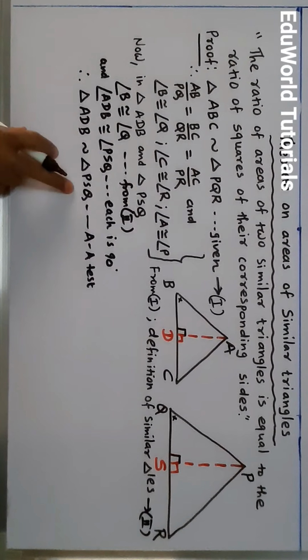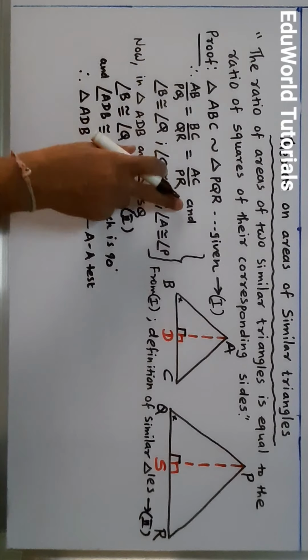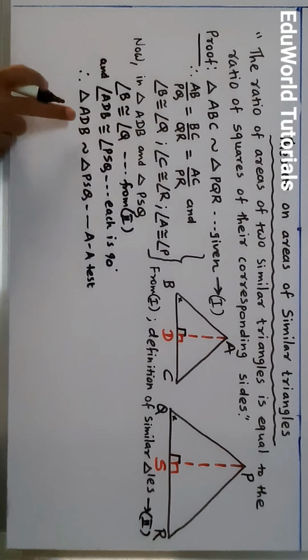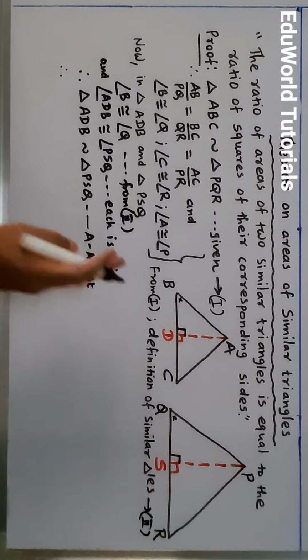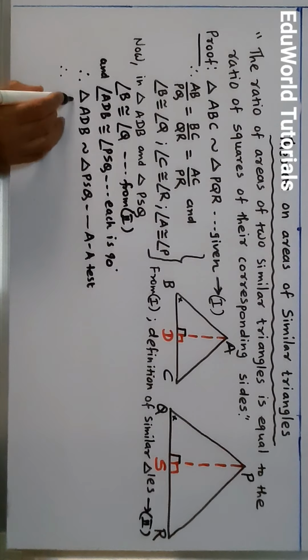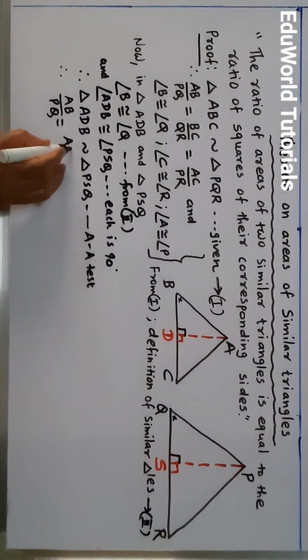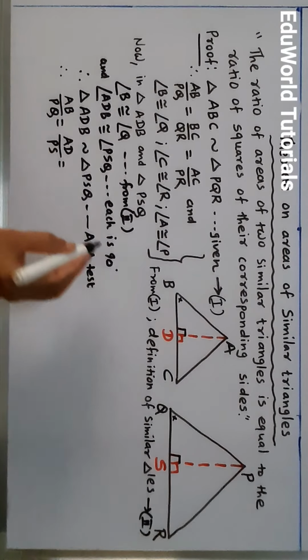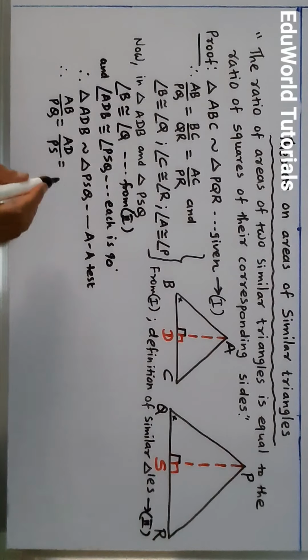Now when these triangles are similar, we can write the ratio of the corresponding sides in the same manner. Therefore, as per the definition of similar triangles, the ratio of side AB to the corresponding side PQ, AB upon PQ, is equal to AD upon PS, because the triangles are different now, and AD upon PS is equal to the ratio BD upon QS.